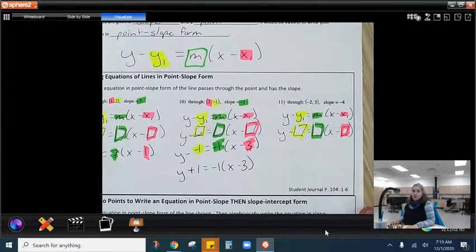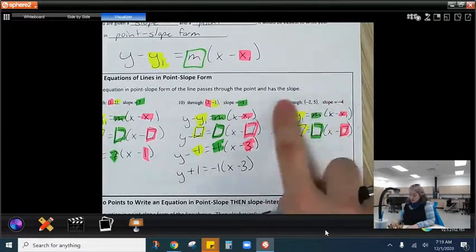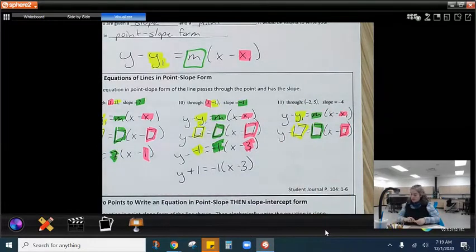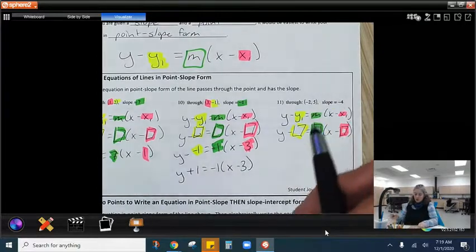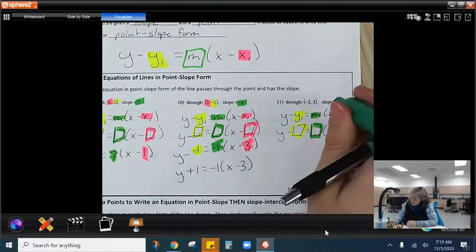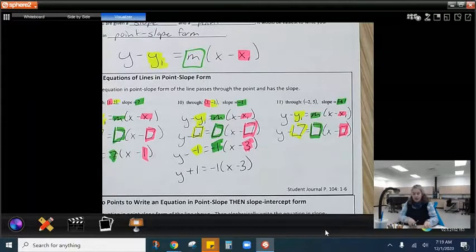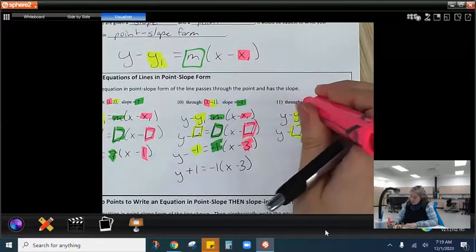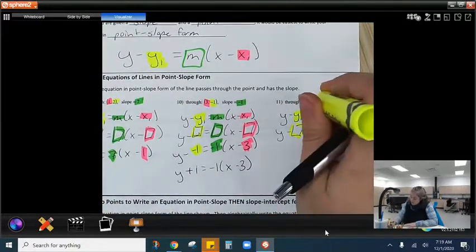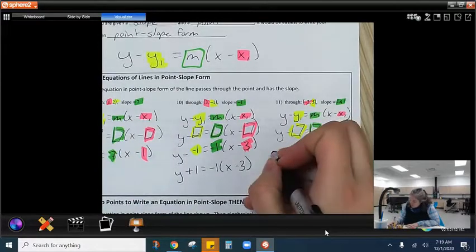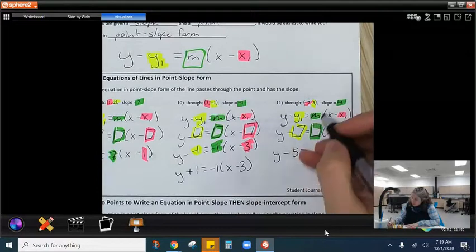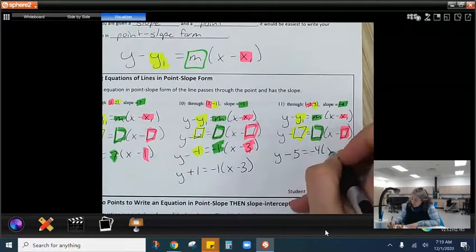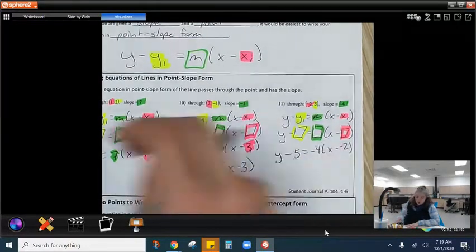Let's take a look at our last one here. So this one, we have the point negative 2, 5, and a slope of negative 4. So I'm going to color code my slope, and then negative 2 is my x, and 5 is my y. So I have y minus 5, right? It's my yellow, is equal to negative 4, x minus negative 2.